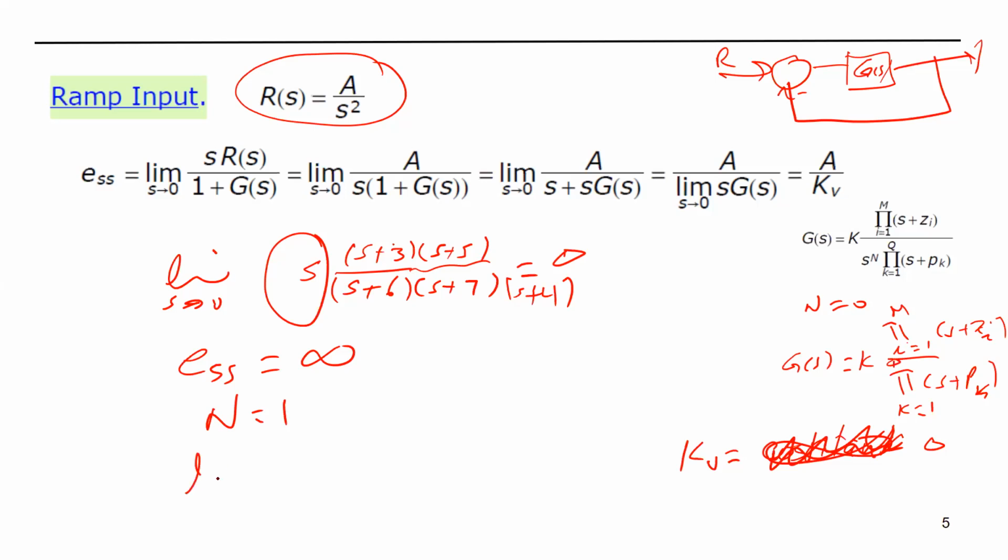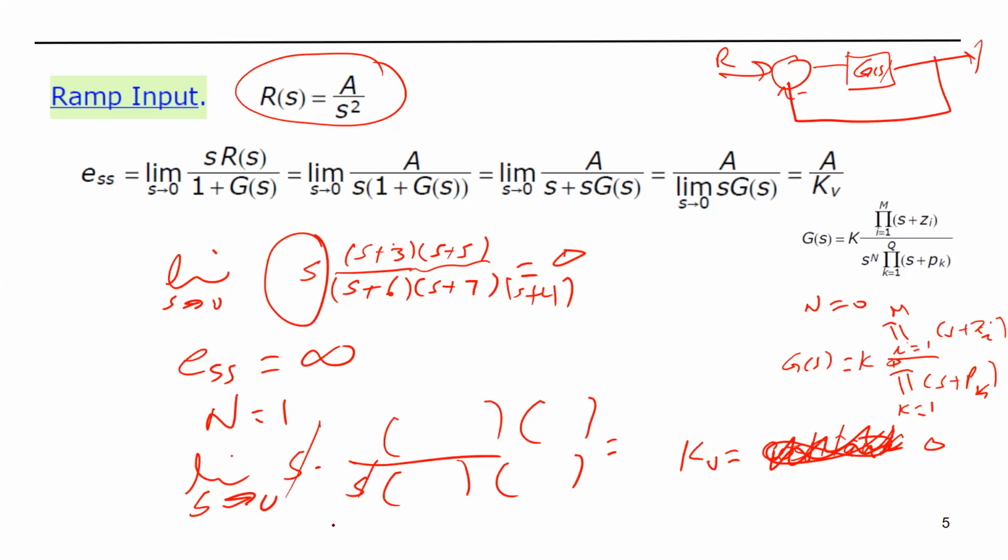Now suppose I have n equal to 1. So I will have the limit as S goes to 0 of S times G of S. This S will go with the S in the denominator, and I will have a constant.